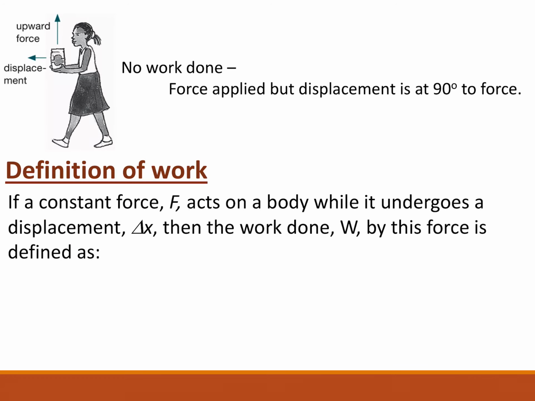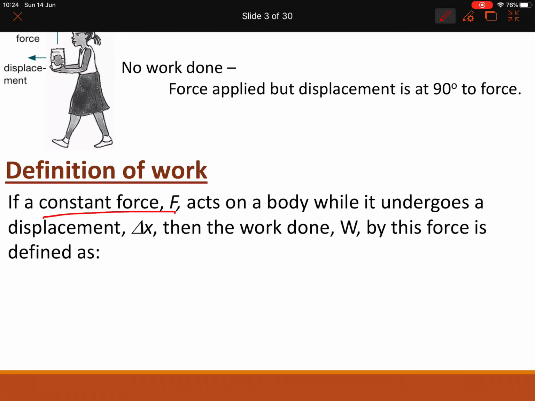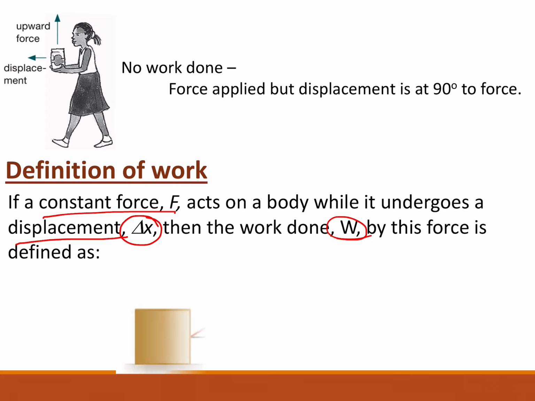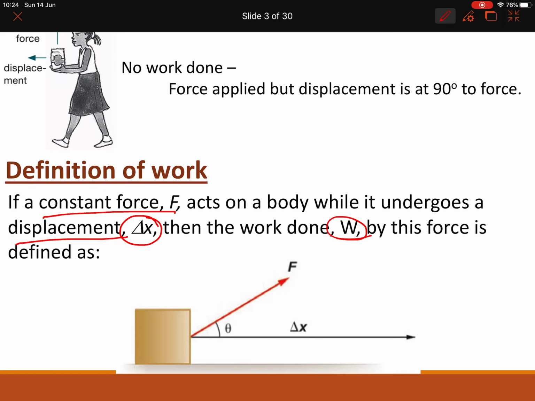Now this is starting to get us to the official definition, which says that if a constant force acts on a body and it undergoes a displacement, then the work done by this force can be defined as follows. So here we have the situation with a box. Here's my force.